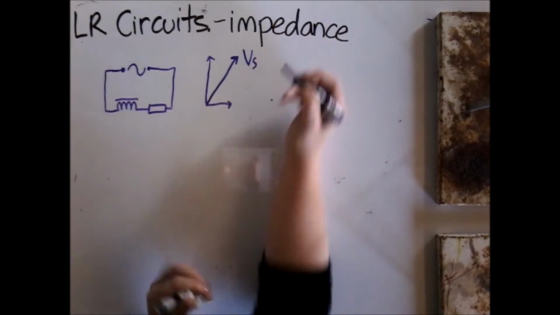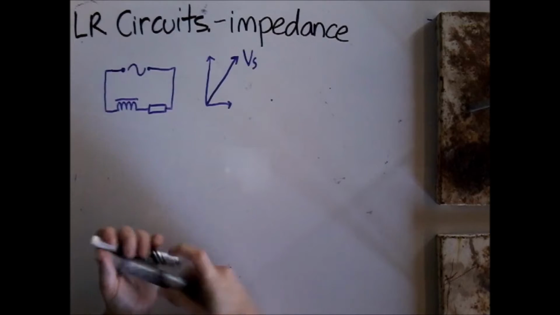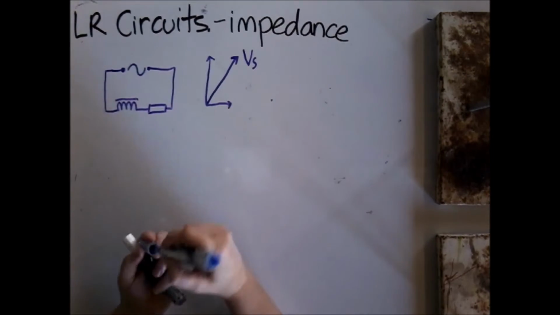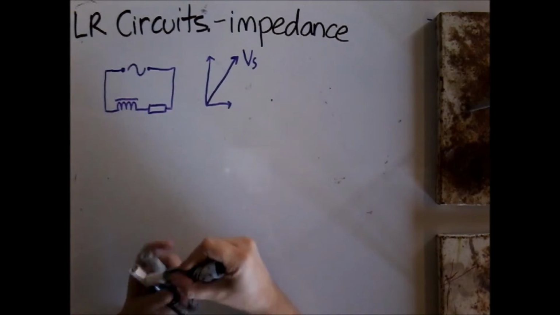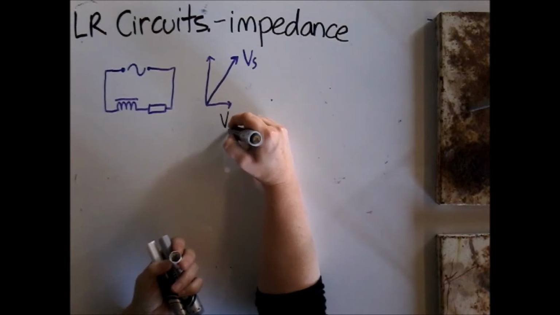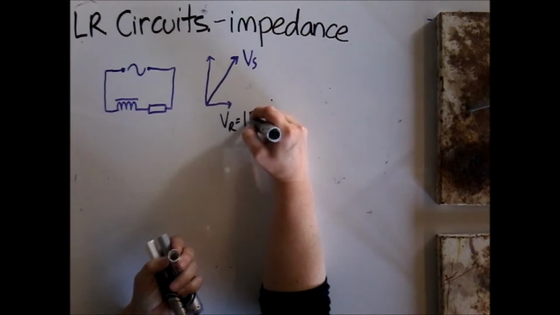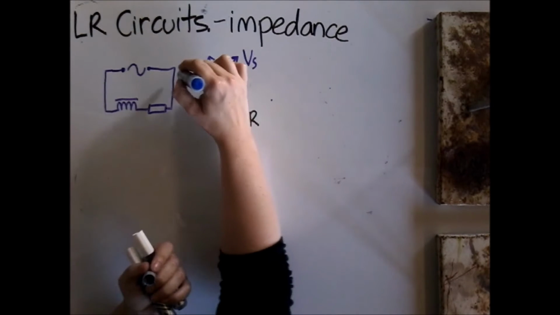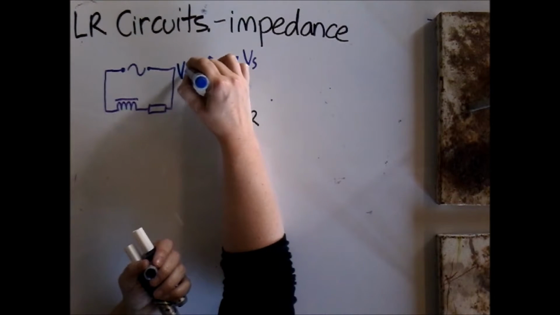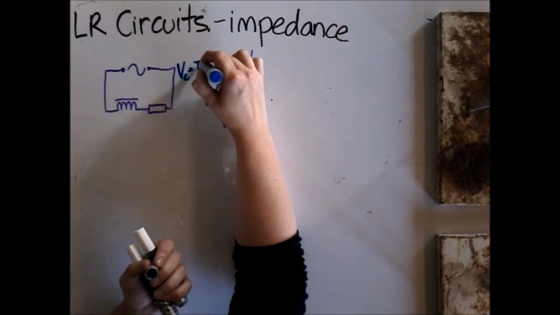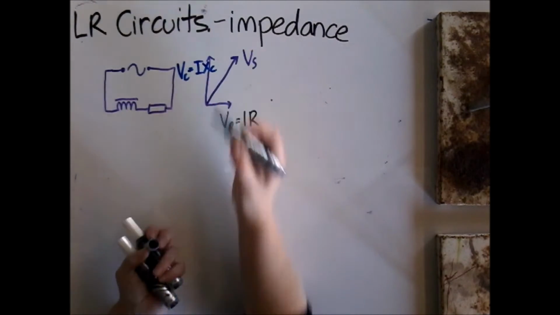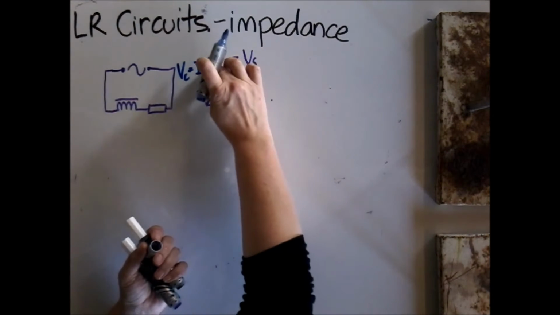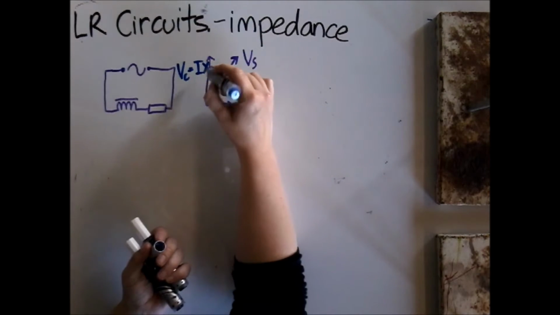There's our supply voltage. Now we know that our resistor voltage is, according to Ohm's law, equal to IR. We know, because we just found out, that our inductor voltage is equal to I XL, the reactance of our inductor.